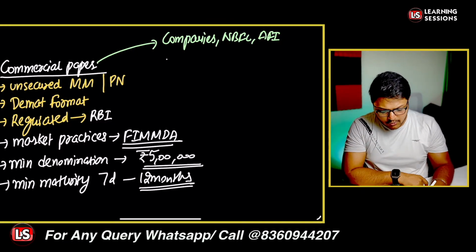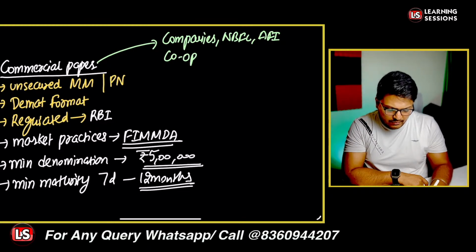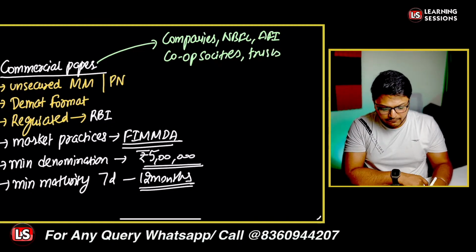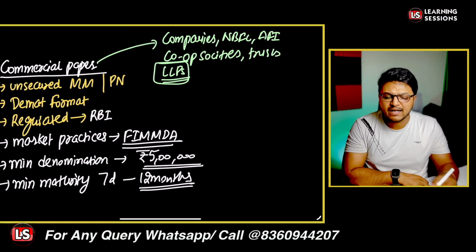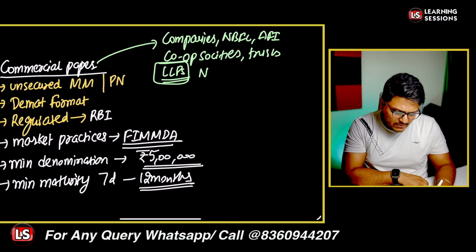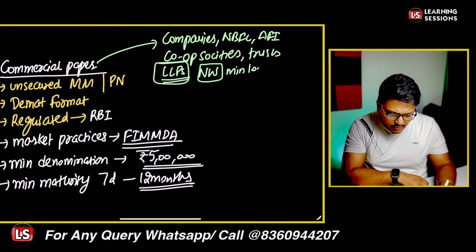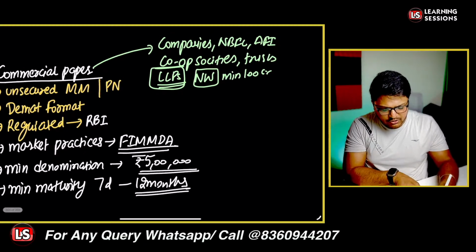And also cooperative societies, government entities, trusts, and even LLPs, that is limited liability partnerships, and any other body corporate having a presence in India with a net worth of minimum 100 crore can also issue commercial papers.